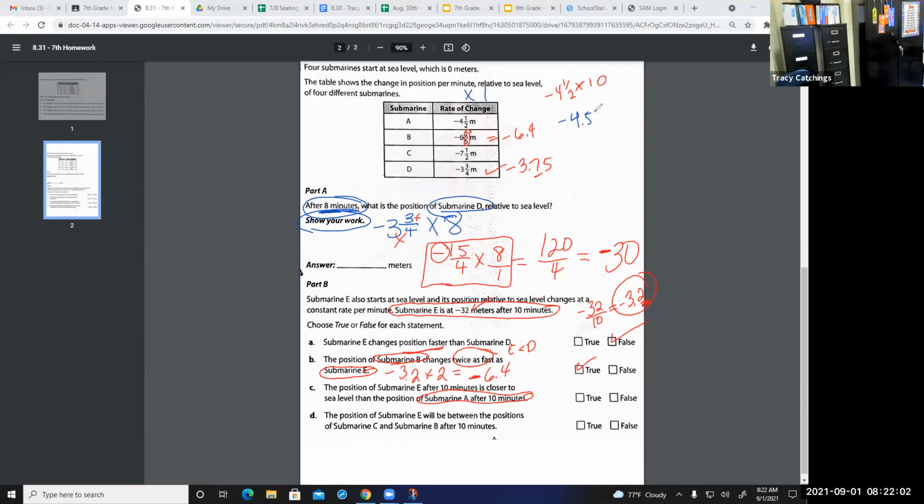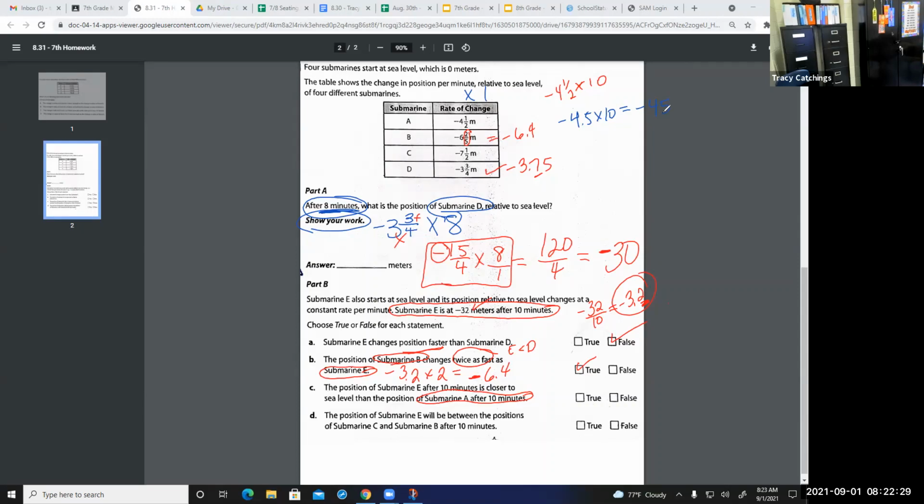So negative 4.5, multiply that by 10. Negative 45. Y'all do know when you multiply it, it stays negative, right? All right, and they said E is closer to sea level than A.